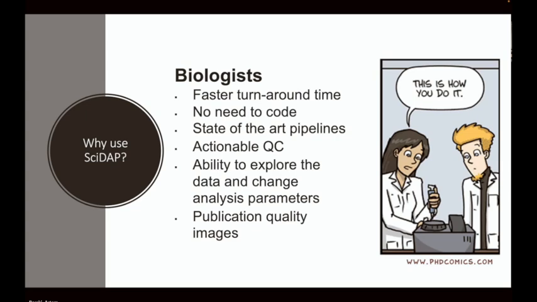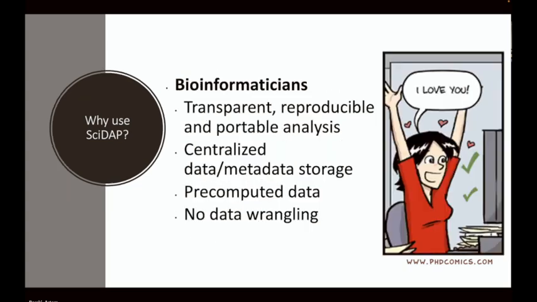We mostly don't have anything proprietary. We just make them easy to run. This is basically what everybody else is using. We provide quality controls that help you troubleshoot your experiments. You can easily explore data, change analysis parameters, and get some publication quality images.